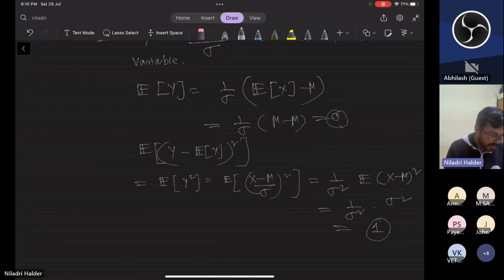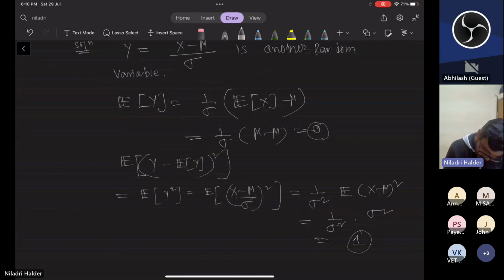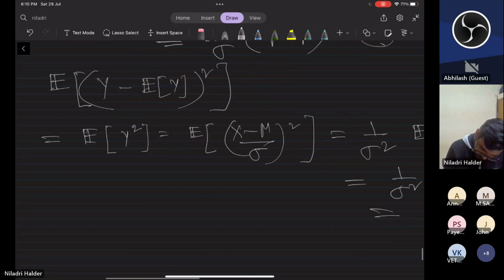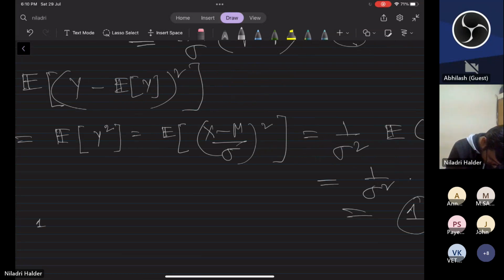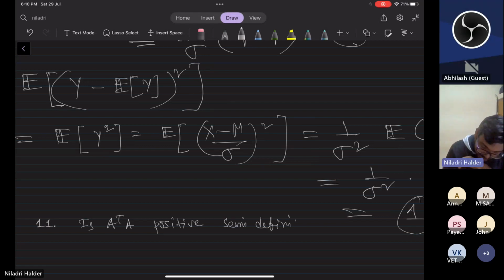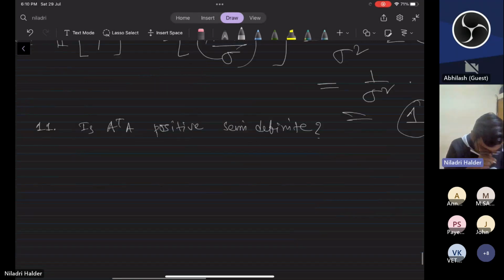Okay, then the next question is question number 11. Is A transpose A positive semi-definite or not?